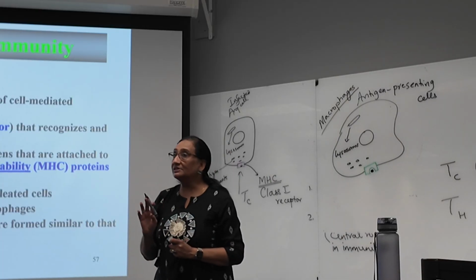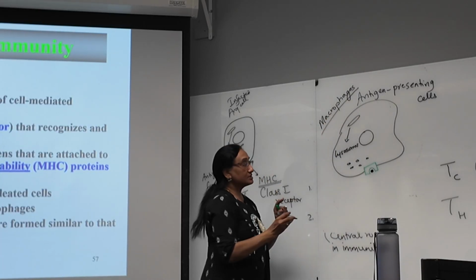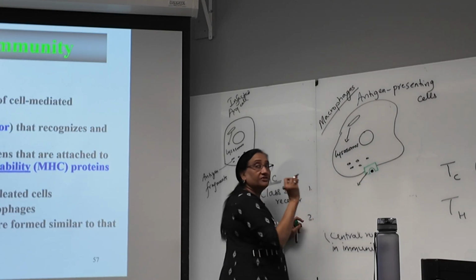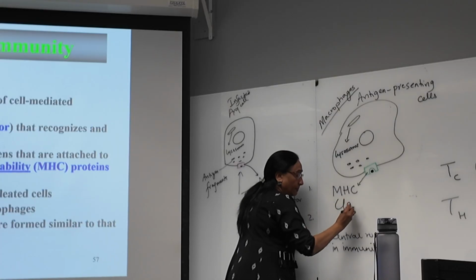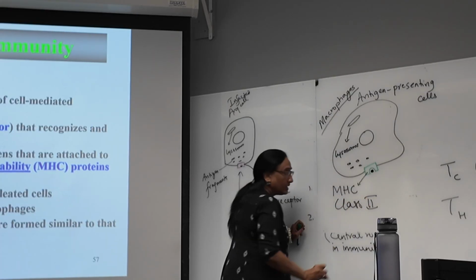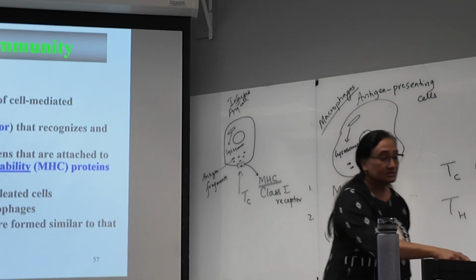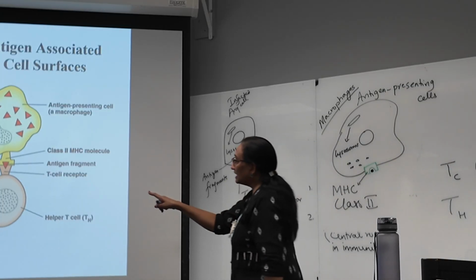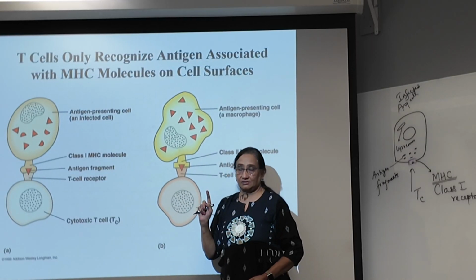The only difference is that the receptor found on macrophages is of a different class. That's it, MHC class 2. MHC class 2 receptor. That's the only difference; it's a different subtype of the same receptor.